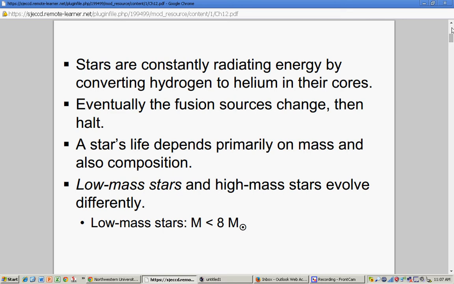Also, what is the definition we are adopting now between low mass stars and high mass stars? Low mass stars are anything that is less than 8 solar masses. Okay, so their steps in evolution will depend on how much mass they have.